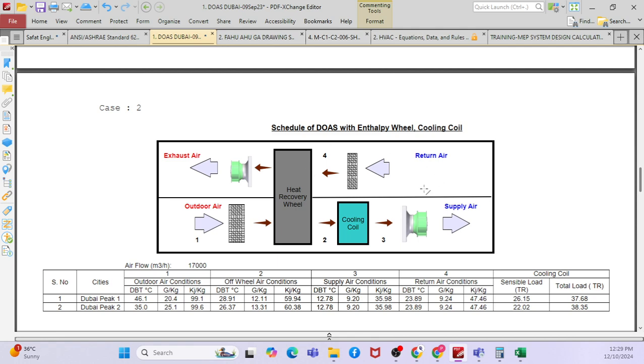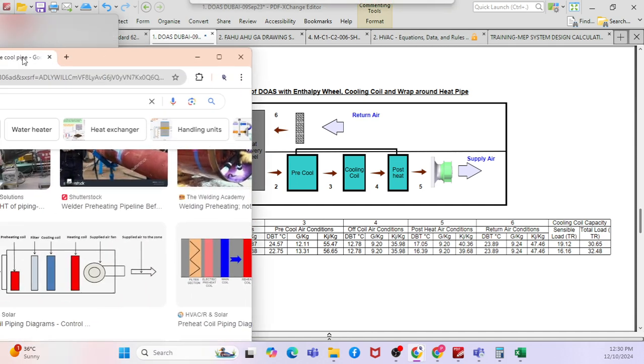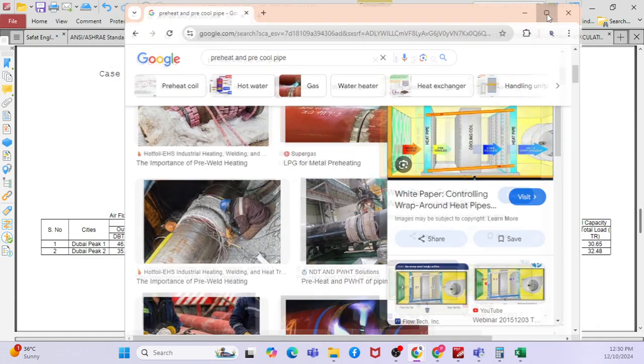Now this is another scenario, you got idea, and then this is another scenario where you are using pre-cool and preheat pipe. Okay, you can see this picture, right?